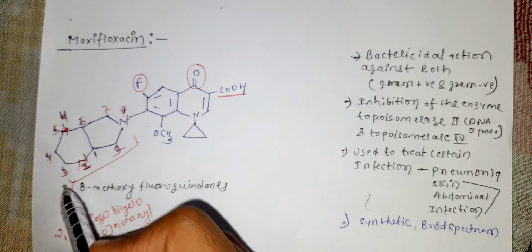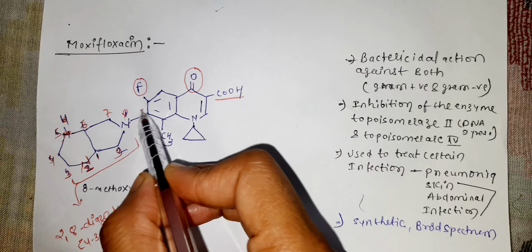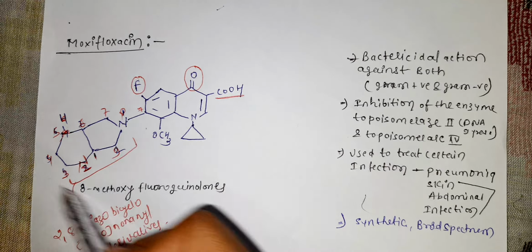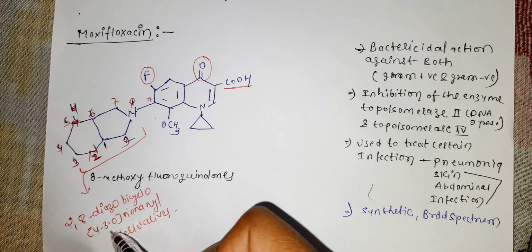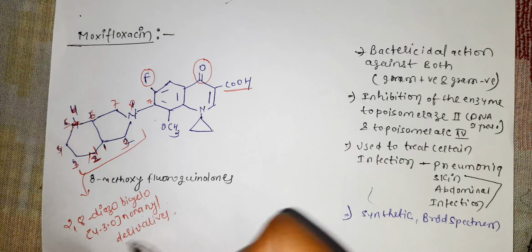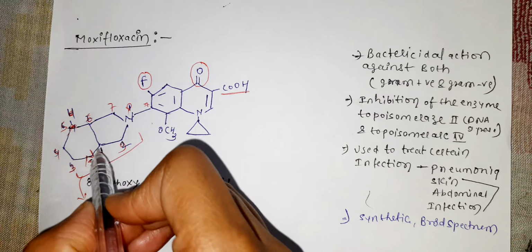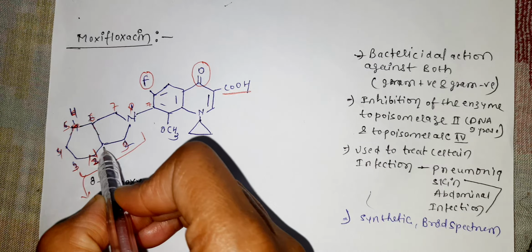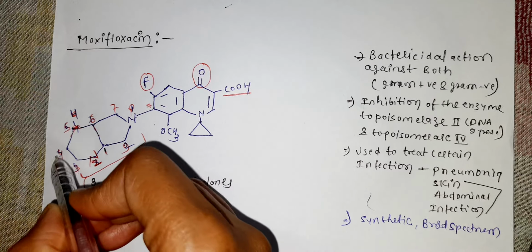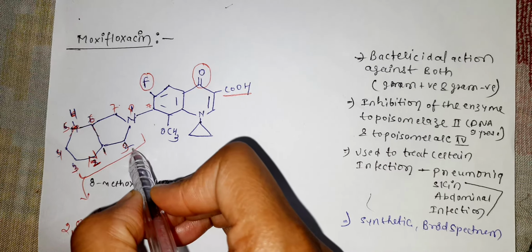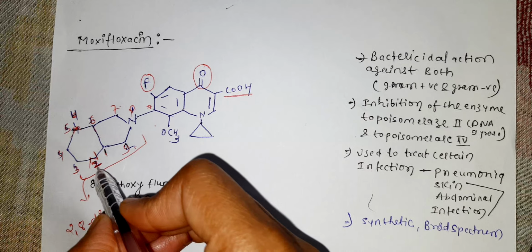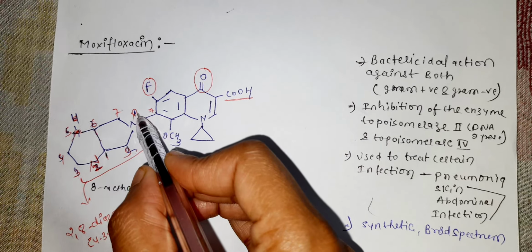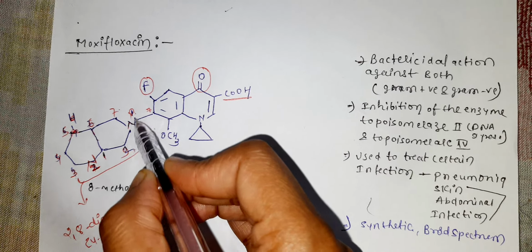But the major difference is in the seventh position, which is a 2,8-diazabicyclo[4.3.0]nonyl derivative. The numbering starts from the fused position: 1st, 2nd, 3rd, 4th, 5th, 6th, 7th, 8 and 9. So positions number 2 and 8 are substituted by nitrogen.